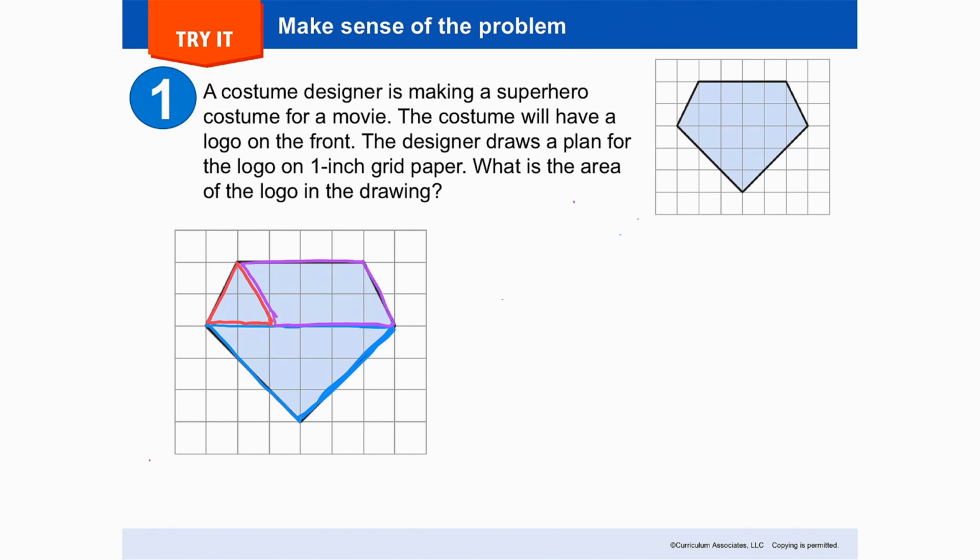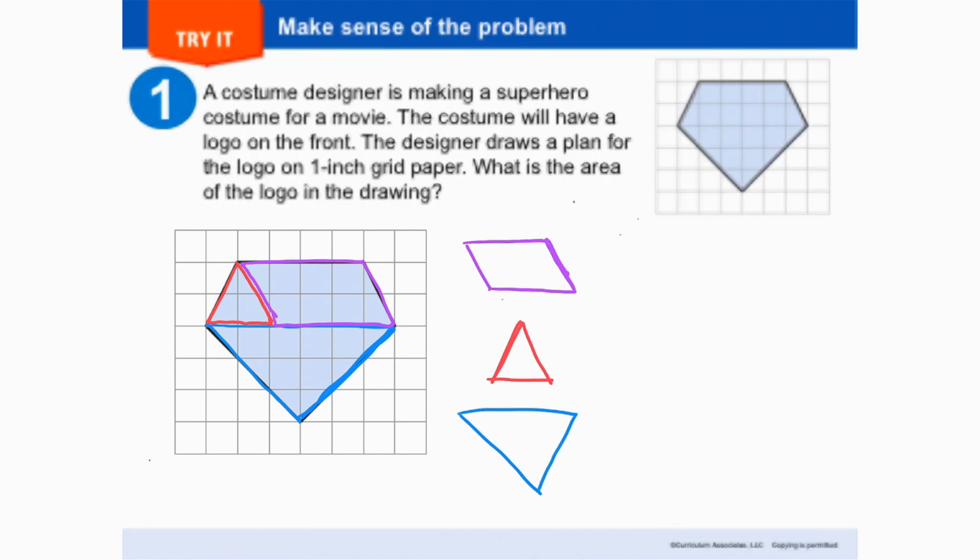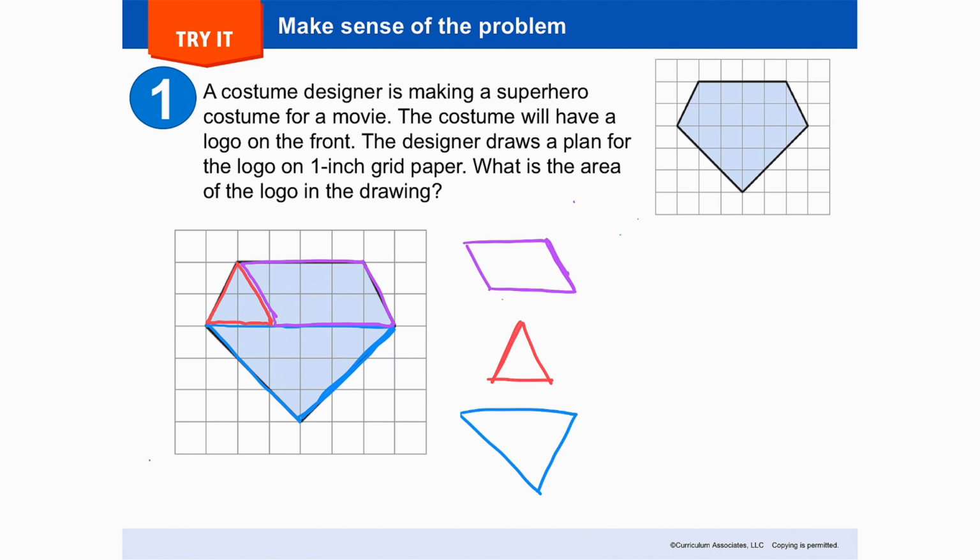For me, it's easier to keep track of my math when I have some shapes to organize it. So I'm going to go ahead and do these here on the side. And then I'm going to put their measurements with them. Looking at this one here, we see the base is 1, 2, 3, 4. And our height, which is from the top of the shape to the bottom of the shape, is 2.